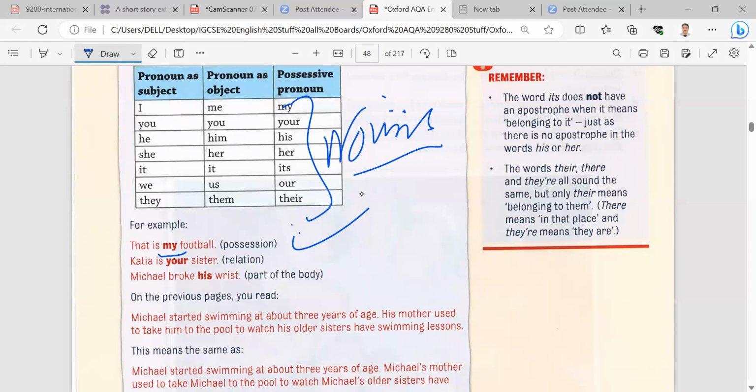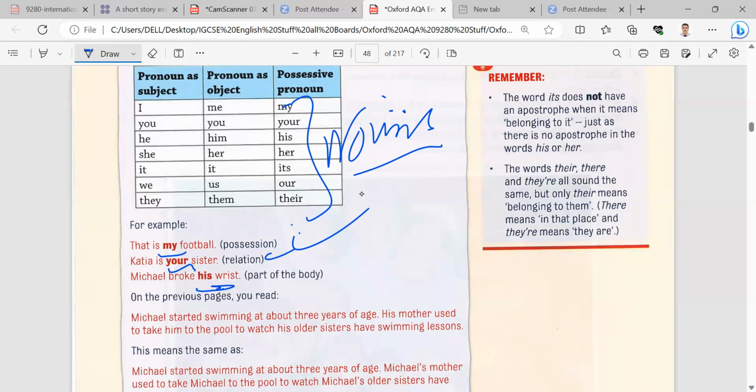Your sister. Your sister here doesn't mean possession, no, it means relation. Like my teacher. My here refers to what? Relation. So what is the relation between you and this guy? He is your teacher. Right? Michael broke his wrist. Here, his wrist refers to parts of the body.